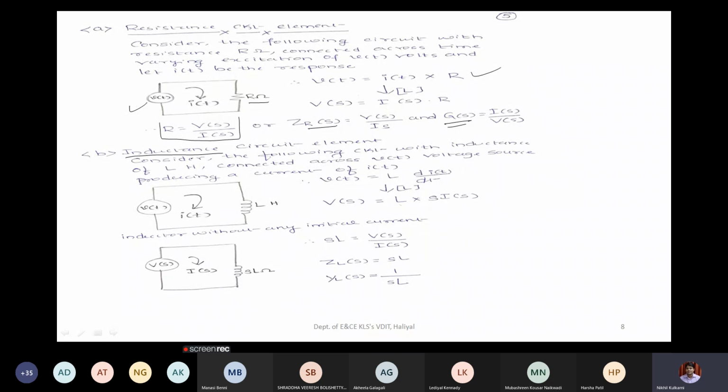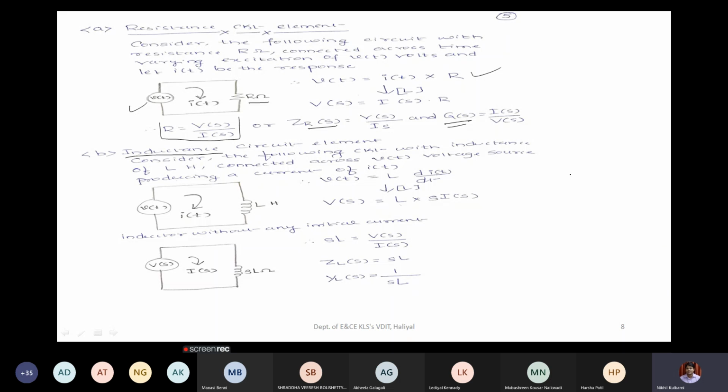Taking the inductance into consideration, the inductor as an element, you can think of the capacity of the inductor. Already we know from the transient analysis that an inductor will not allow sudden change of current.